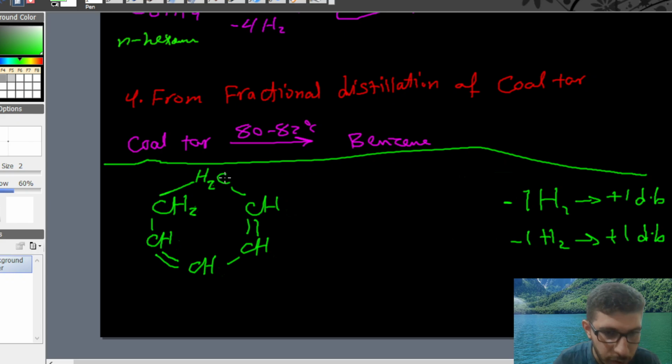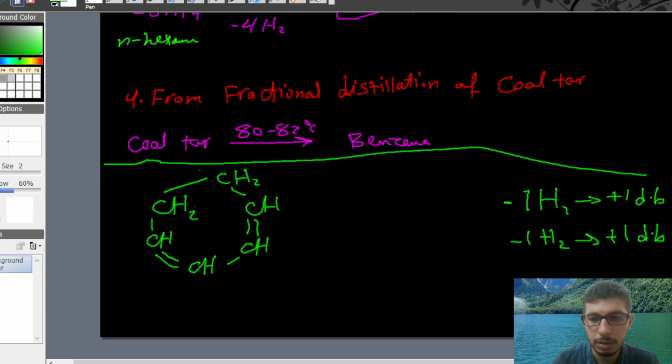This is a bond between carbon and carbon, not hydrogen. It's just for simplification, right? Or I can write it like this. So here is CH2 and here is CH2, just for simplification. And I will write here a double bond.